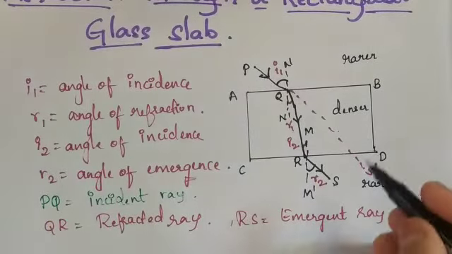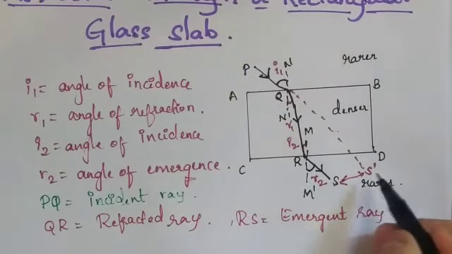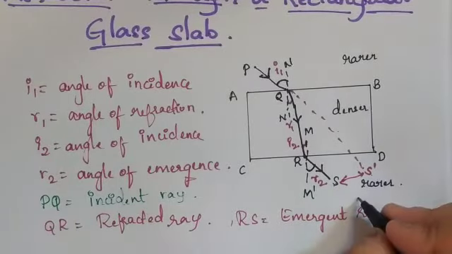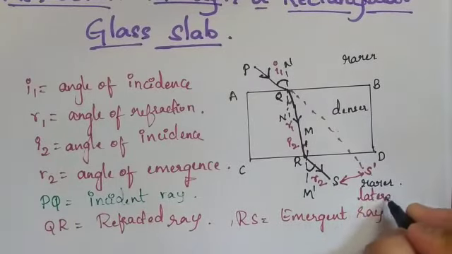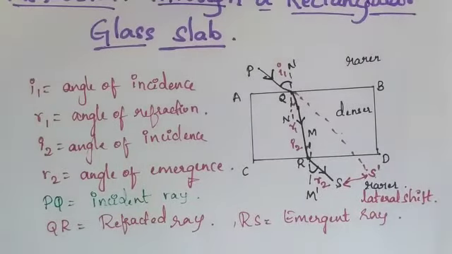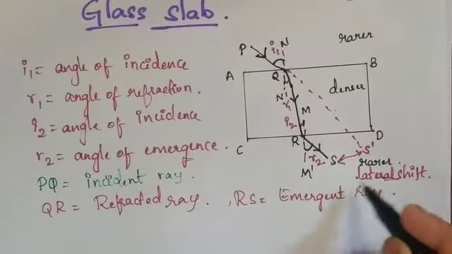You can see there is a shift that has taken place from S dash to S. That shift, the difference between the path without bending and the path with bending, we are going to denote as the lateral shift.